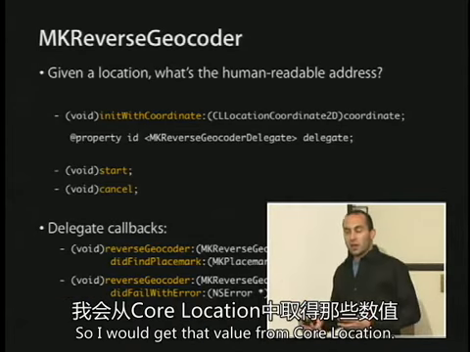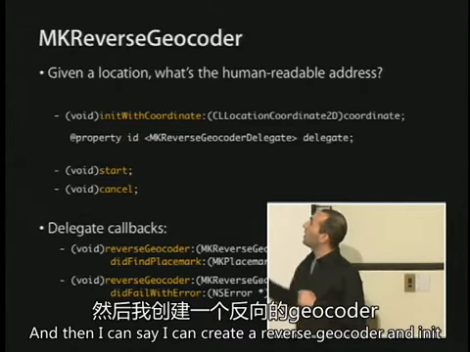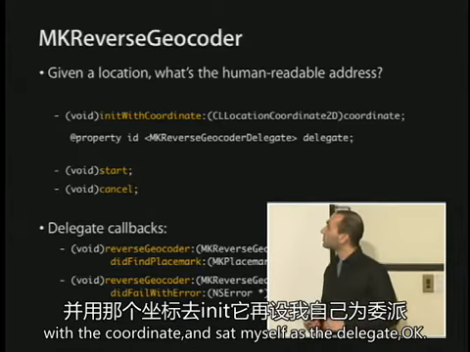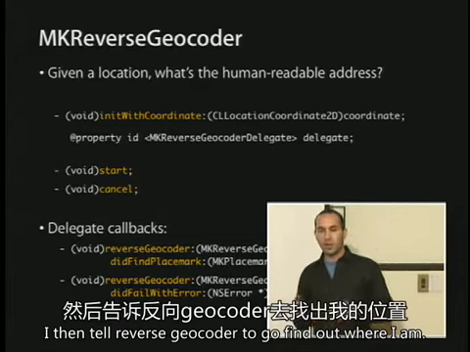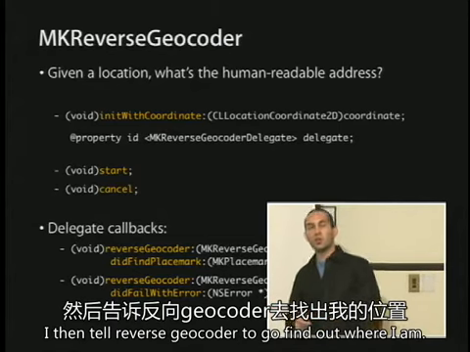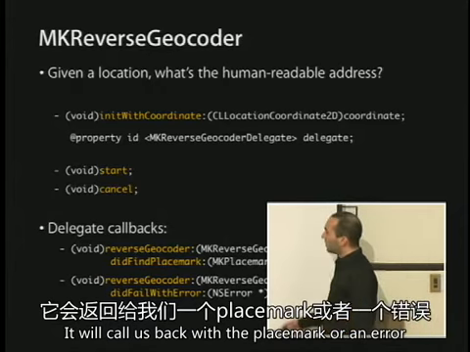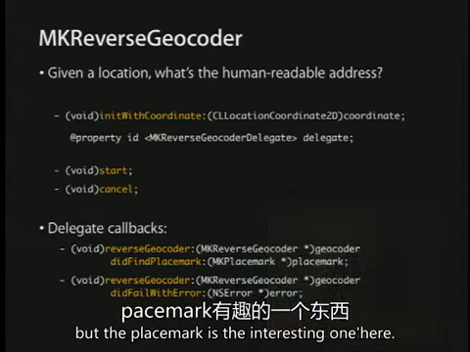So I would get that value from Core Location, and then I can create a reverse geocoder, init with the coordinate, and set myself as the delegate. I then tell the reverse geocoder to go find out where I am. It will call us back with the placemark, or an error, but the placemark's the interesting one here.